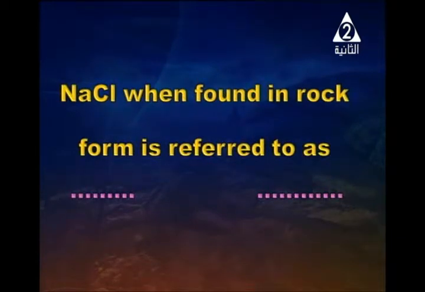Now let's go to this question. It's about sodium chloride when found in rock form, referred to as. When we find sodium chloride forming a rock, this is referred to as rock salt.